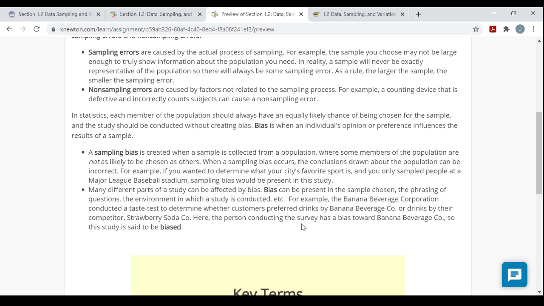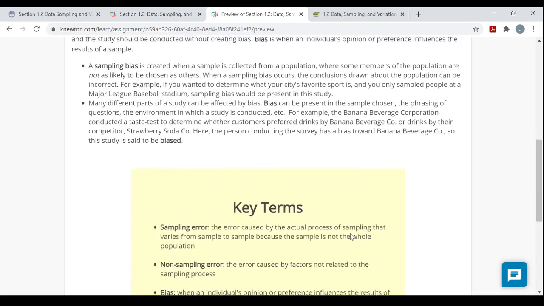Here, the person conducting the survey has a bias toward Banana Beverage Corporation. So the study is said to be biased, right? If this was a study done by a third party, then we'd consider it a better study. But this survey is run by one of the companies in the survey, that kind of raises an eyebrow and makes you think that there might be some bias or some preference for one over the other.